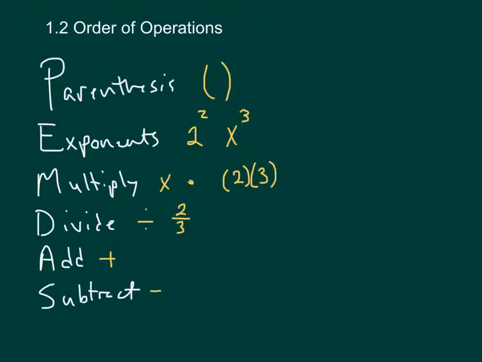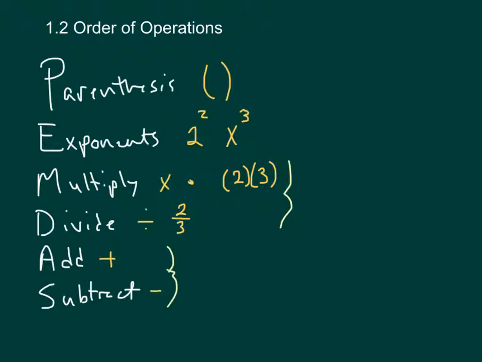Now, a little thing about multiplying and dividing and adding and subtracting. Once we get down to these two, basically the top of the list, these things have more power. So I want to do the more powerful ones first.